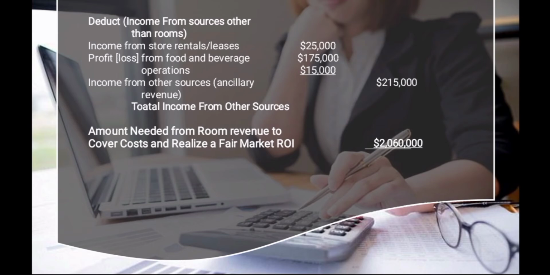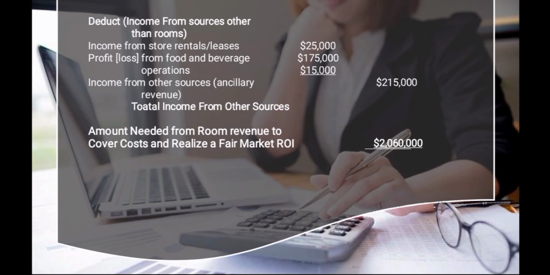rooms. So for the example, we have income from stores, rentals, and lease, profit from food and beverage operations. We will arrive at a total of $215,000.